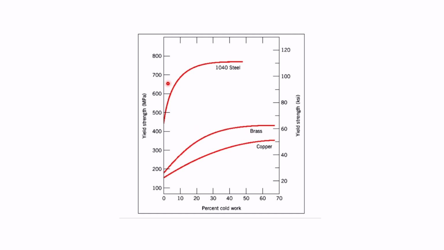But here is the catch, and that is really important. What is that? There is no such thing as a free lunch, right? What does that mean? In material science, if we are increasing the yield strength by doing cold work, we have to pay for it by losing what? Ductility.